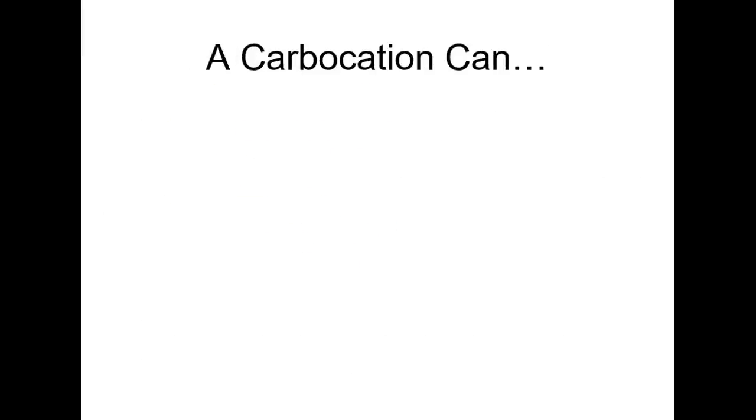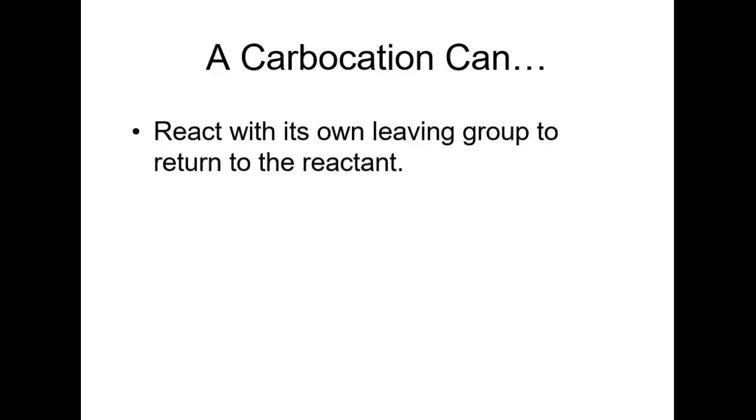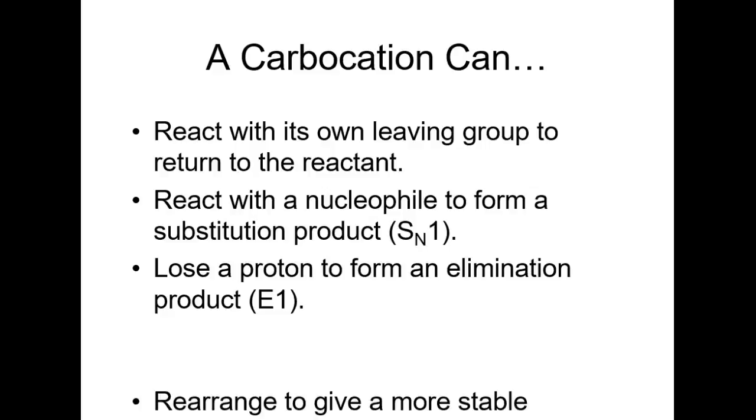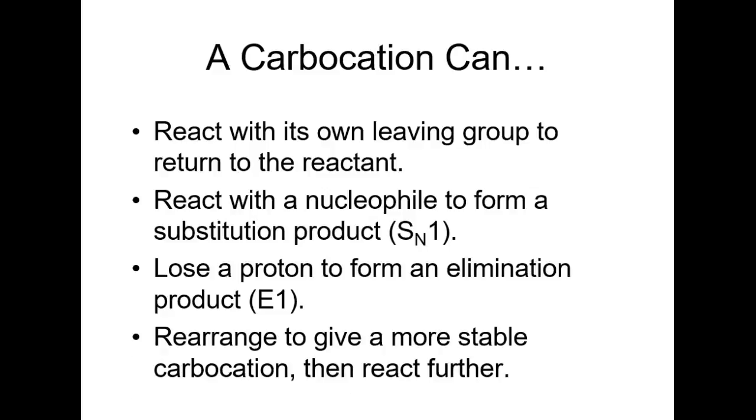So the carbocation can react with its own leaving group to return to the reactant, which we don't really have to worry about. Reacting with the nucleophile can form an SN1 product, lose the proton to form E1, or rearrange to give a more stable carbocation. So you can get rearrangements. If you want to favor E1, notice E1 and SN1, what do you need for both of them?